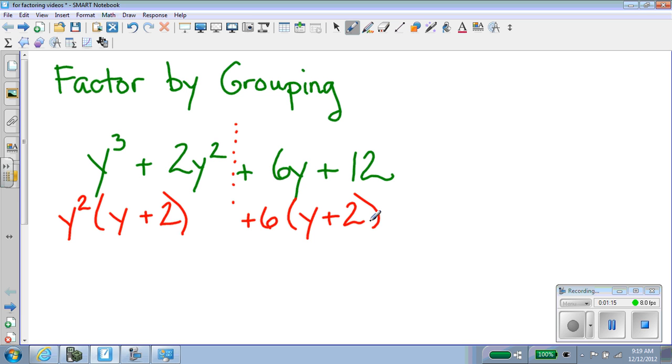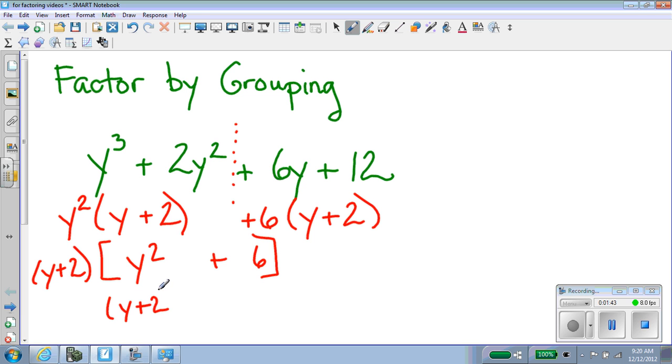Notice we've gone from 4 terms that had nothing in common to 2 terms that have y plus 2 as their greatest common factor. So we're going to take y plus 2 out, and that will leave us with y squared plus 6. So the final form of this answer would say y plus 2 times y squared plus 6.